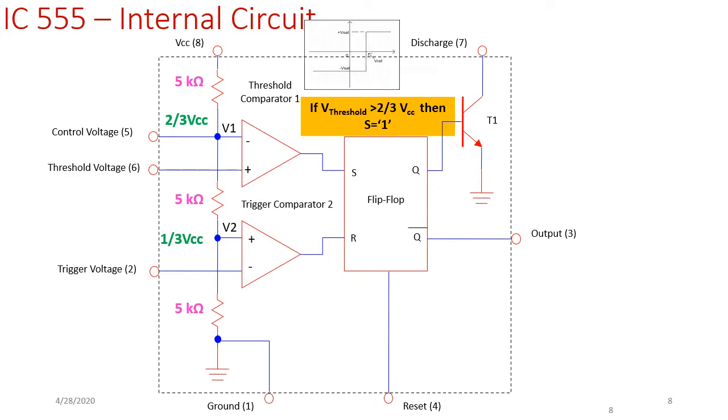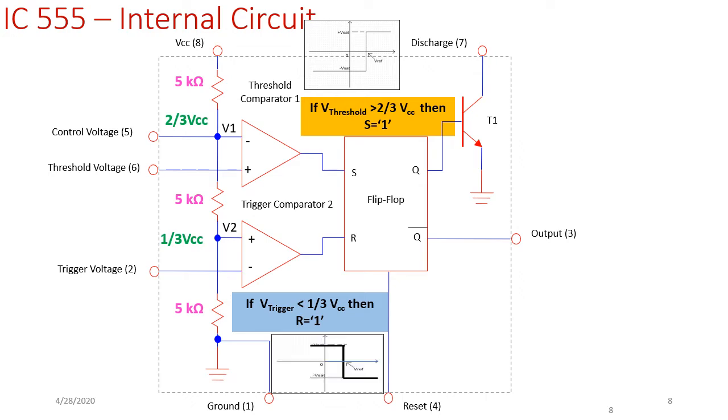As you can see from the VTC of this non-inverting comparator, if input voltage is greater than V reference, it is giving high, and if voltage is below V reference, it will give low. Same if you see in the inverting comparator, if trigger voltage, that means at pin number 2, is below 1/3 VCC, it will give high output.